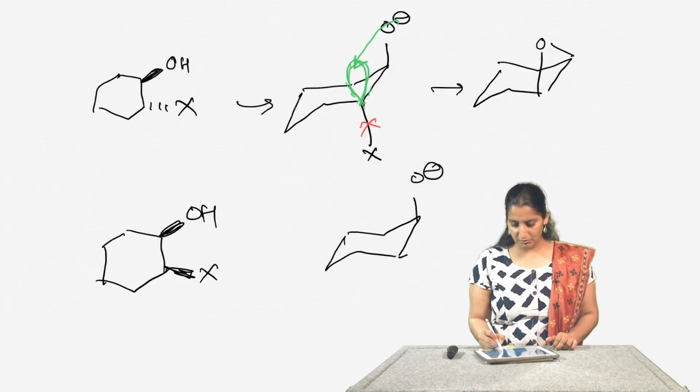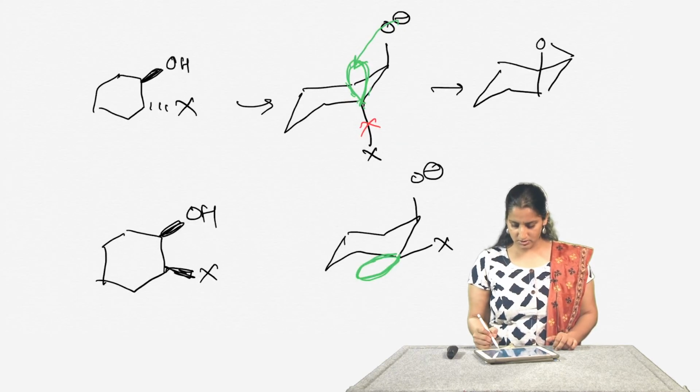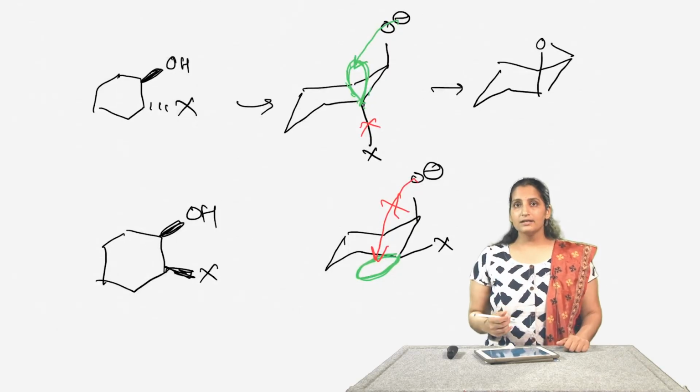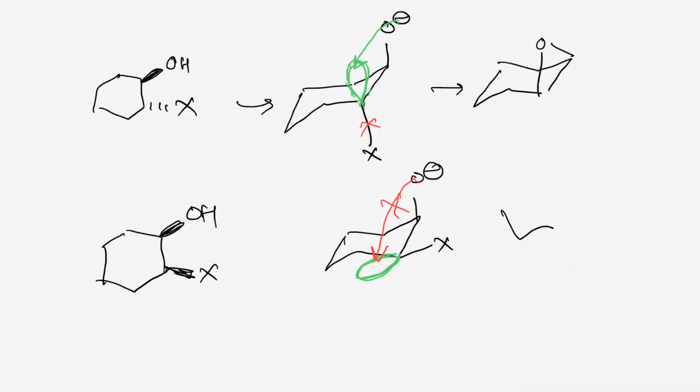So, this is one way. The anti-bonding orbital of the carbon-halogen bond goes here. So, this is way too far for this oxygen to put its electrons, it is not able to do that. The other conformation that it can adopt is this. I am going to draw it here.